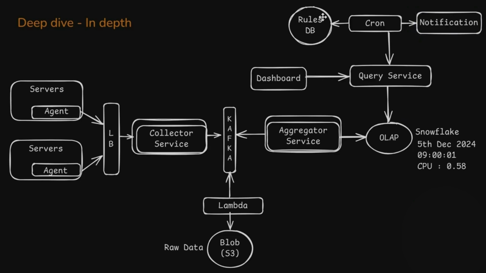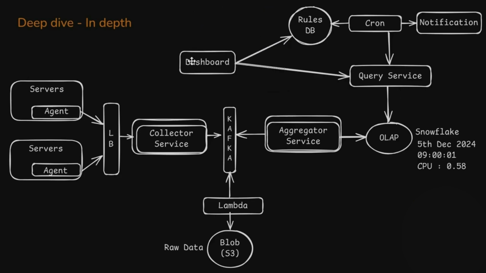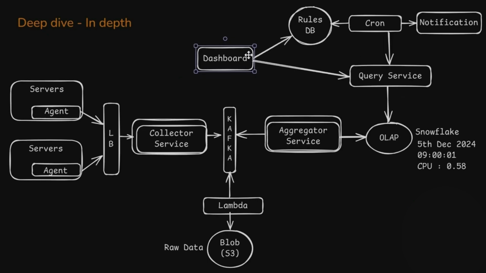How would these rules be defined? So we need one alert and rule service here as well. In fact, what we can do is define these rules from the dashboard as well. This dashboard can query this query service to load the data. At the same time, we can also create or define the rules.